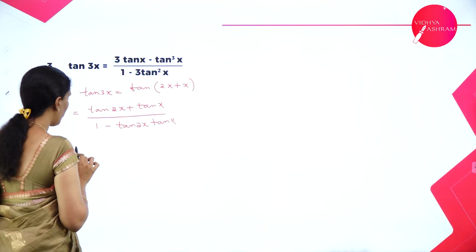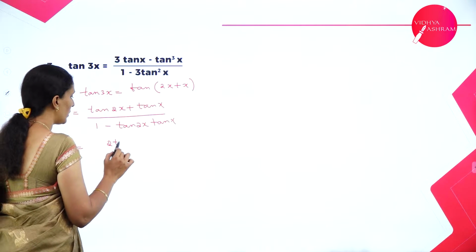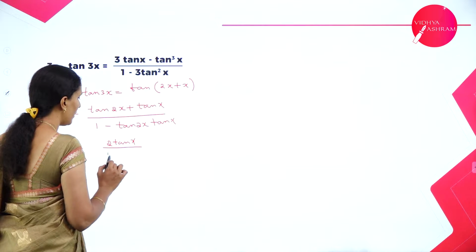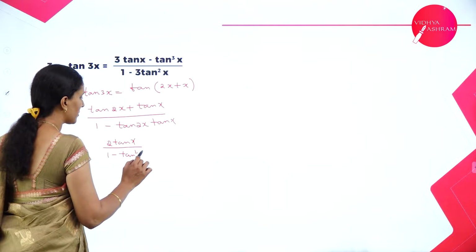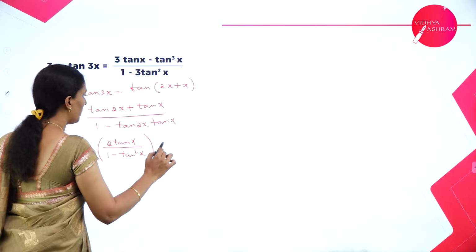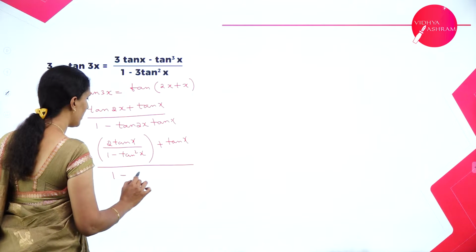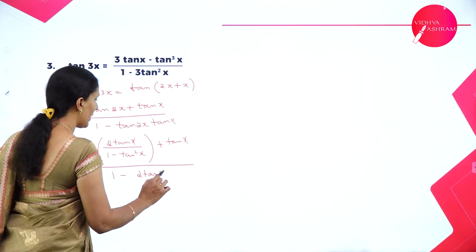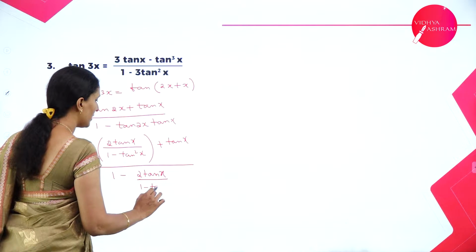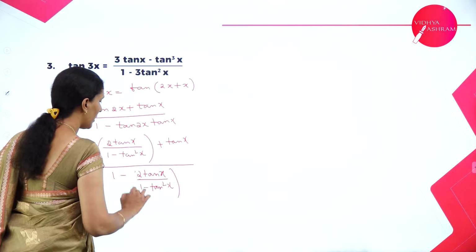But we know the formula of tan 2x, that is 2 tan x divided by 1 minus tan square x. So we have 2 tan x divided by 1 minus tan square x plus tan x, whole divided by 1 minus 2 tan x divided by 1 minus tan square x into tan x.